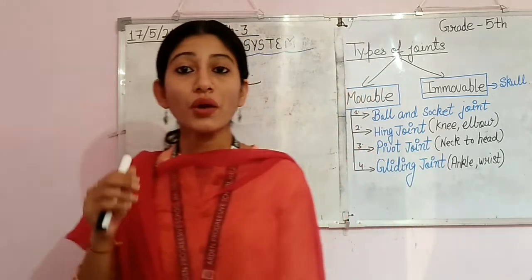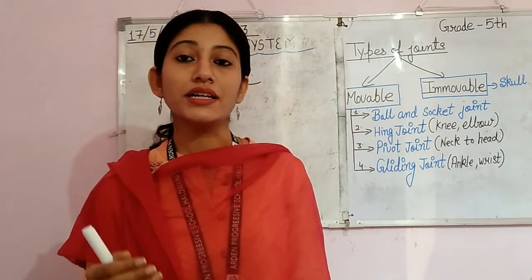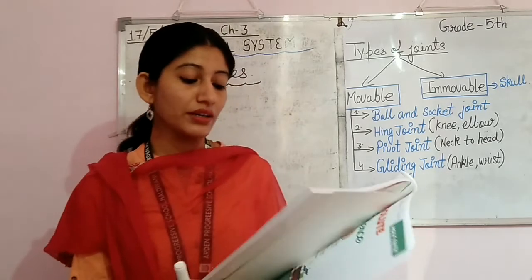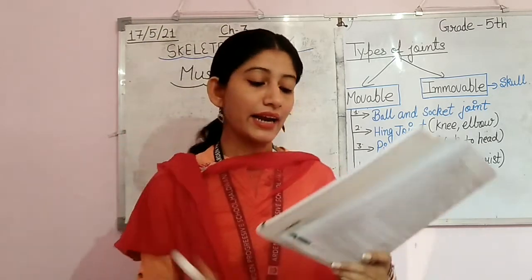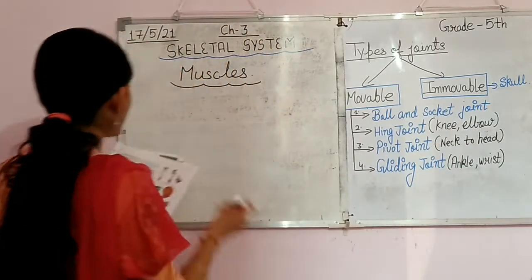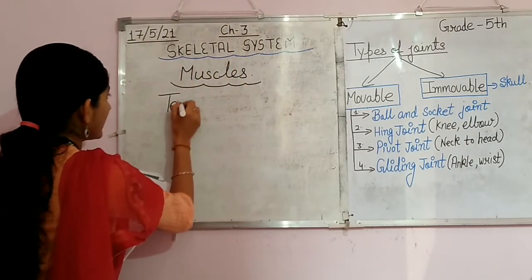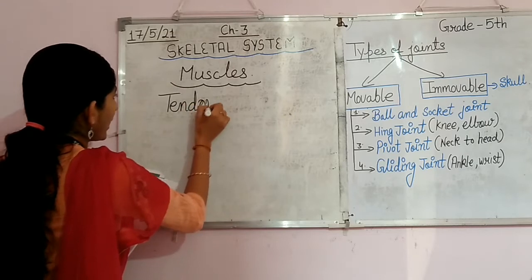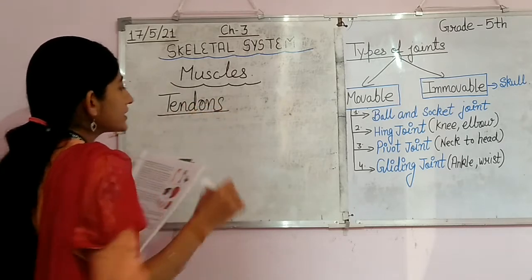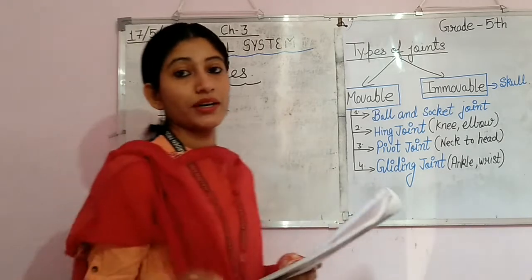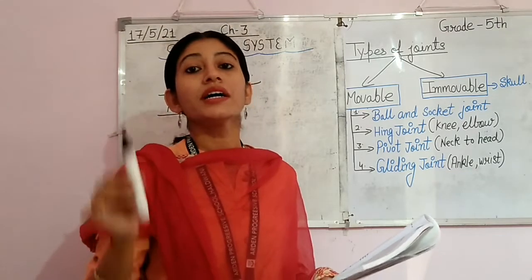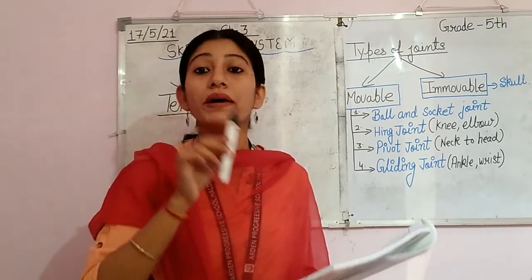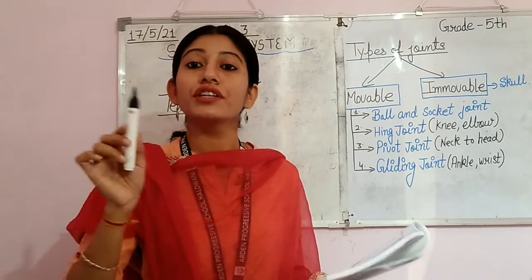Now when we talk about muscles, here also comes one term, that is called tendons, T-E-N-D-O-N-S. Now what are these tendons? See students, tendons are the fibrous tissue that helps muscles attach to bone.